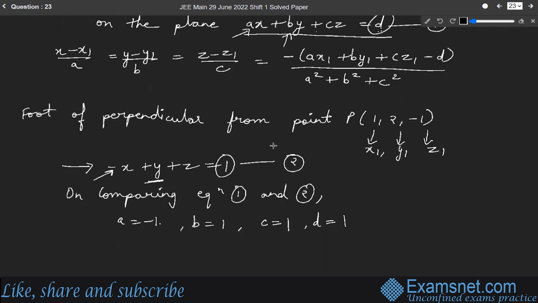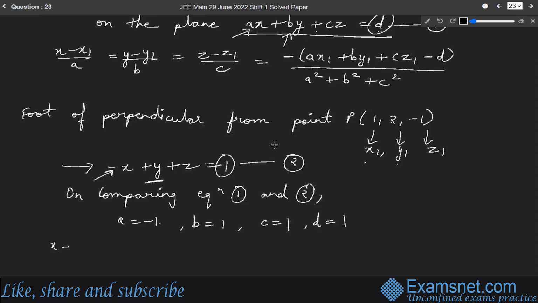We just have to put these values in the given formula, which is x minus x1 upon a is equal to y minus y1 upon b is equal to z minus z1 upon c is equal to minus of ax1 plus by1 plus cz1 minus d divided by a square plus b square plus c square. All right. So we are calculating the foot of perpendicular from point P. So we have to consider x1 as 1, y1 as 2 and z1 as minus 1. Okay. So substituting this value, what will be x minus x1?